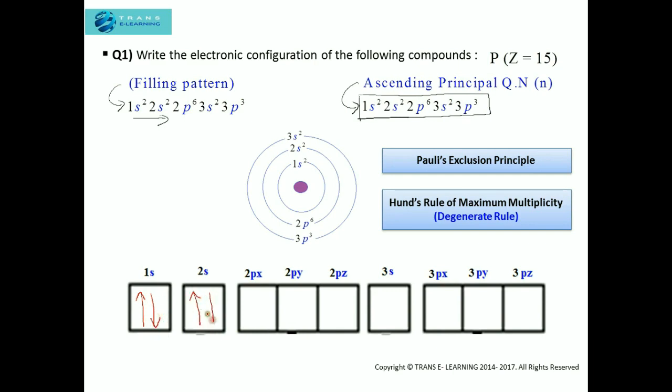So here I am writing the electrons, and as per Hund's rule of maximum multiplicity, if we have orbitals of the same energy, then they are filled with electrons singly, that is with parallel spins, and then the pairing will take place. So here I am filling them. Then again the filling will take place as per these 2 rules. So this is the electronic configuration of phosphorus showing the electronic distribution.